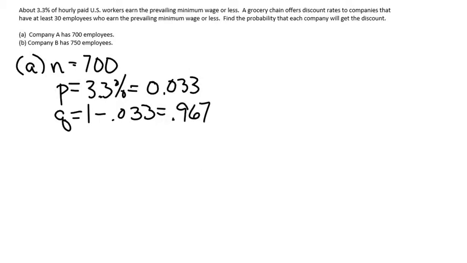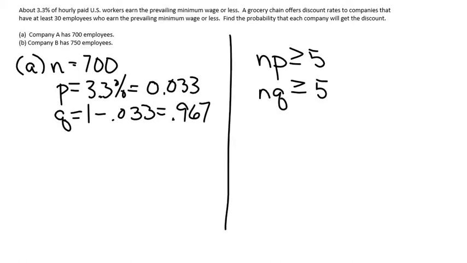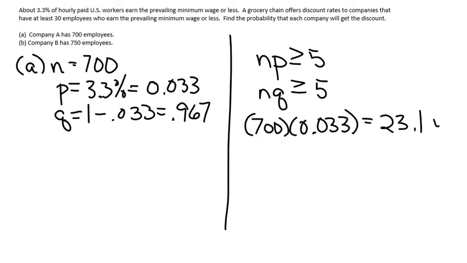Now, in order to use the normal approximation, we need to verify that N times P is bigger than or equal to 5, as well as N times Q being bigger than or equal to 5. So 700 times P is equal to 23.1.